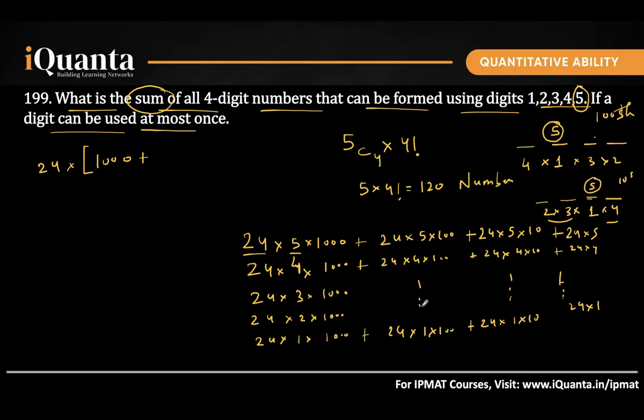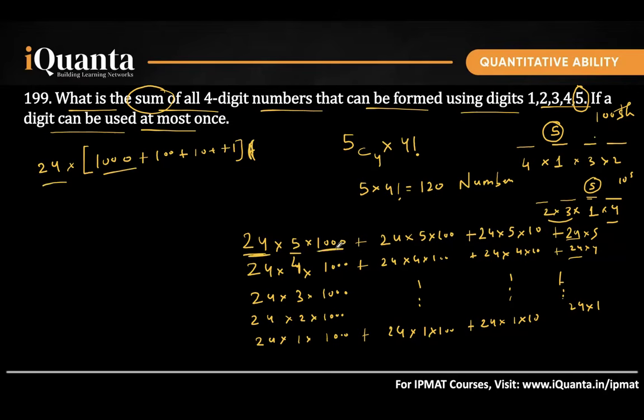Then 100 is common in 24 numbers, so 100 can be taken common. 10 is common in all 24 numbers here, so 10 can be taken common. And then what is this? 1, right? I mean, if you check, 24 is common in all these 24 numbers. So that is basically 24 into 1. So plus 1, isn't it? What else do we have in this?